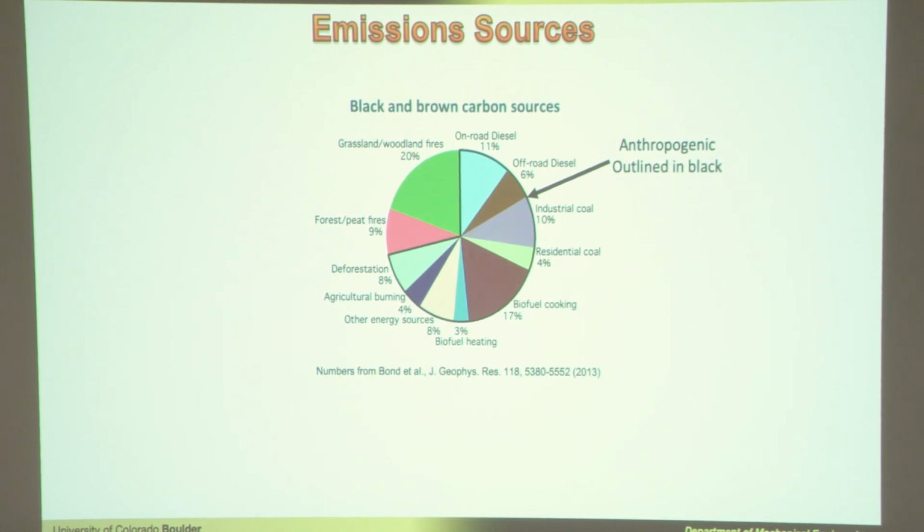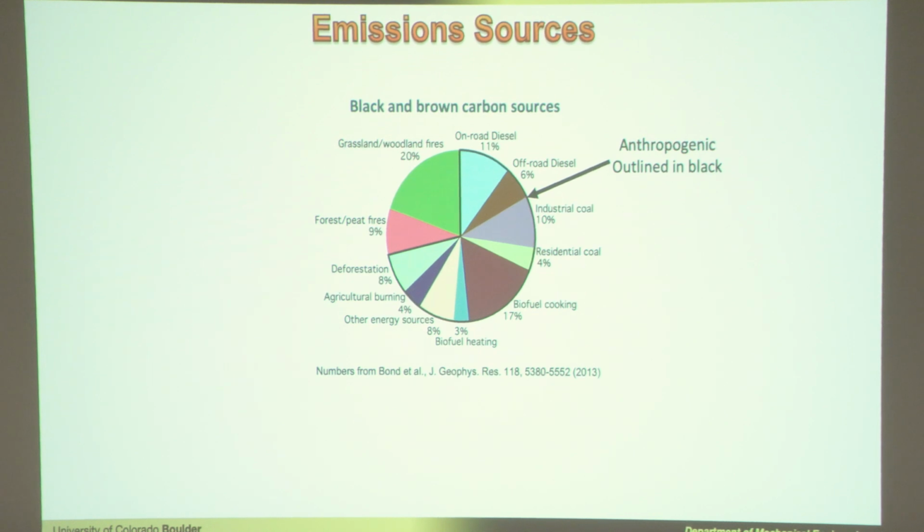In fact, I think I might have a figure, we'll come to it. What's outlined in black, I don't know if you can see that, starts from on-road diesel and wraps all around to deforestation. That's included as anthropogenic sources.